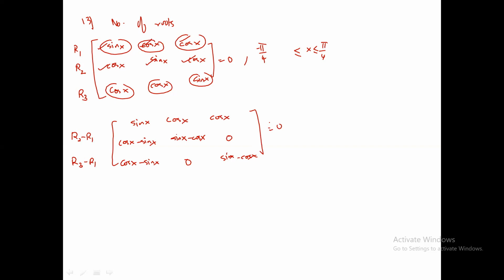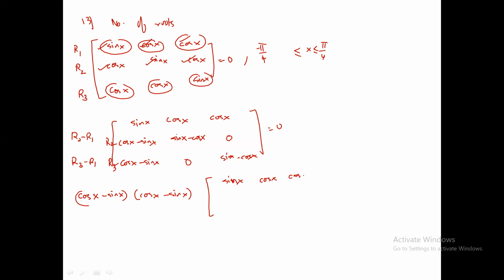Now, I can take cos x minus sin x common from row 2 and from row 3 another cos x minus sin x I can take common. So row 1 did not change at all.